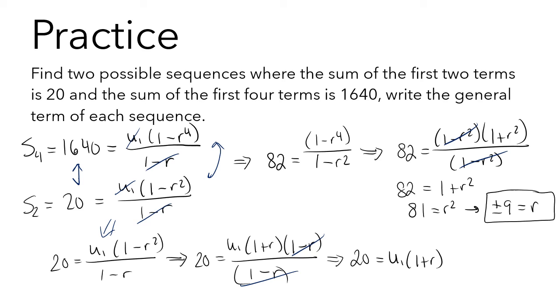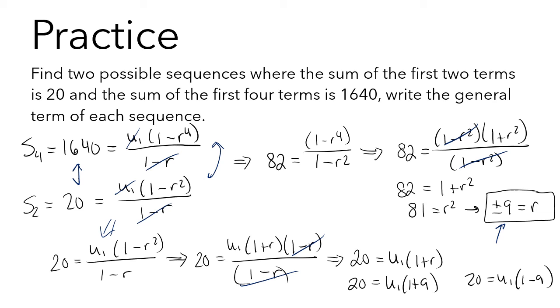Now we know that r is either negative 9 or positive 9, so we're going to get two values for the first term. Let's figure them both out. 20 equals u1 times 1 plus 9, and 20 equals u1 times 1 minus 9.